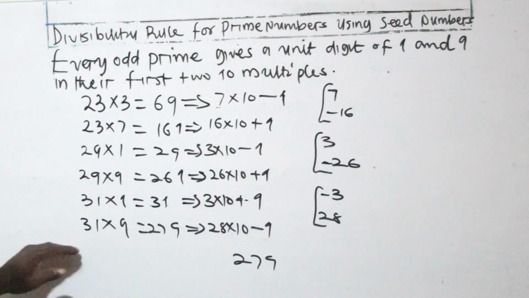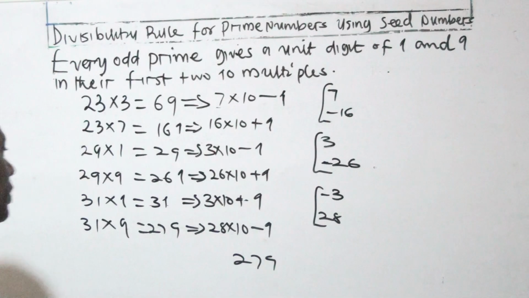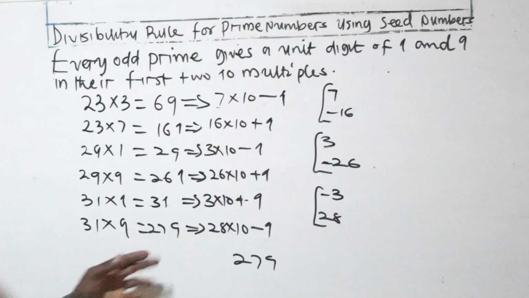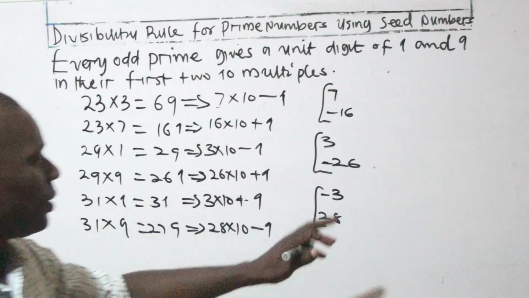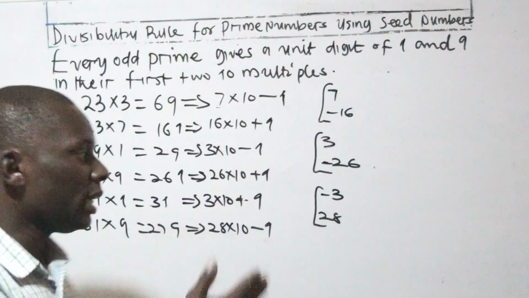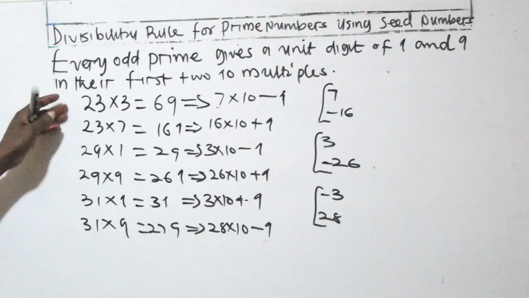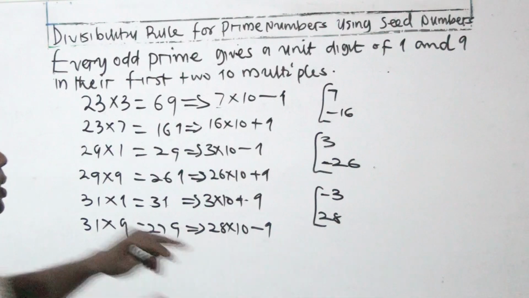So the two seed numbers for 31 are minus 3 and 28. These are the two seed numbers that are necessary to generate the test for 31: minus 3 and 28.